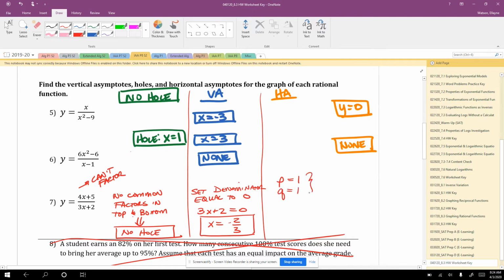So P is equal to Q. When this happens, you divide the leading coefficient of P by the leading coefficient of Q. The leading coefficient of the numerator is 4, and of the denominator is 3. So your horizontal asymptote is at y equals 4 over 3.